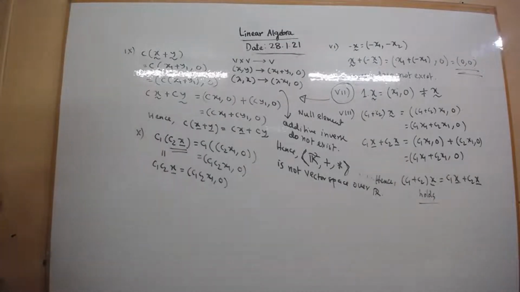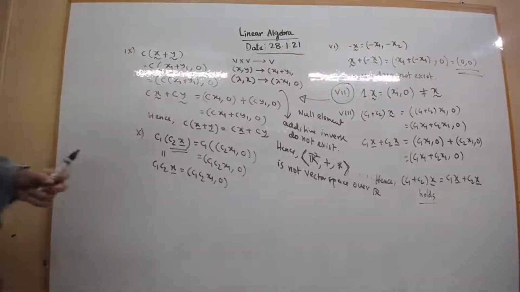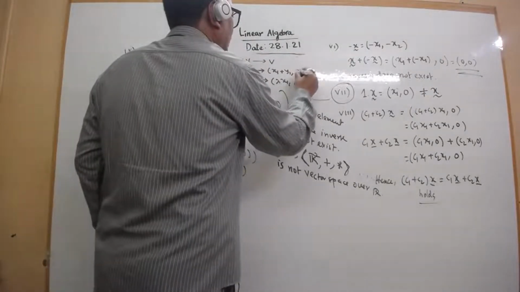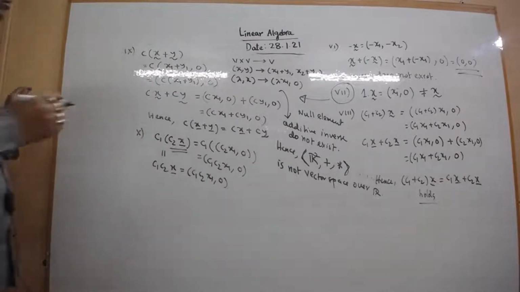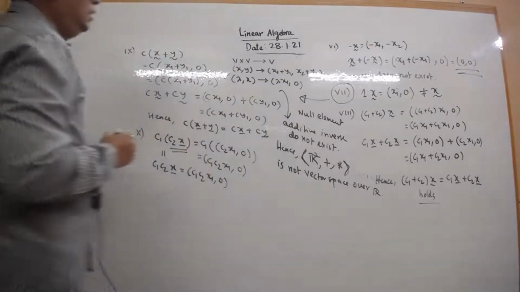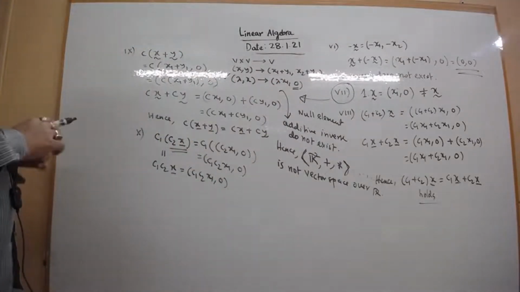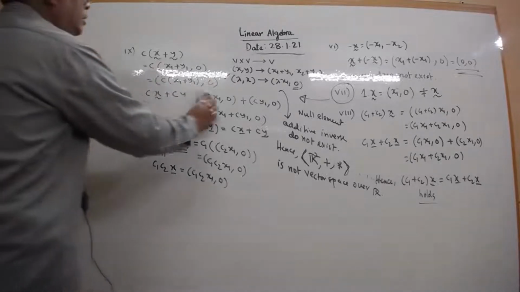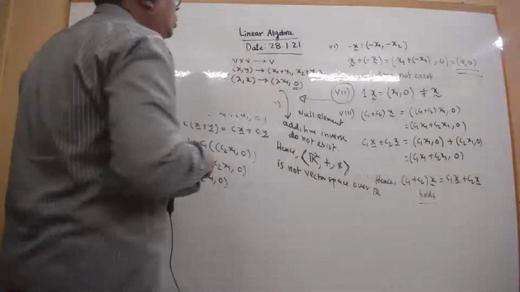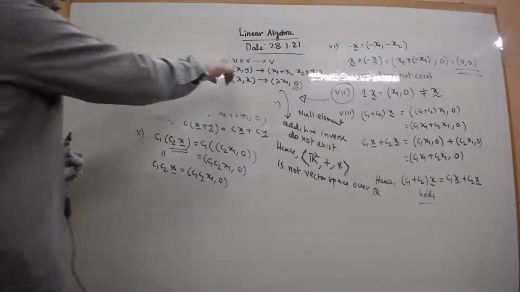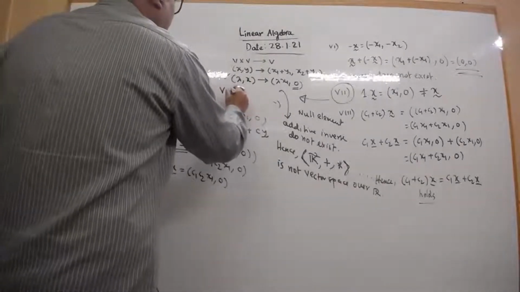So, if you define addition as follows and scalar multiplication in the following way, where the second element is null, then this V is closed under vector addition and closed under scalar multiplication.